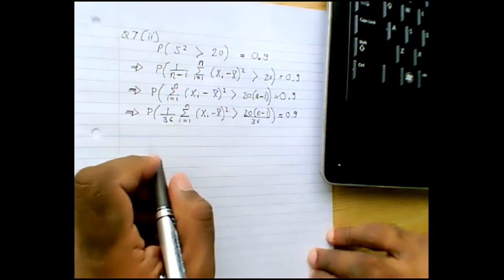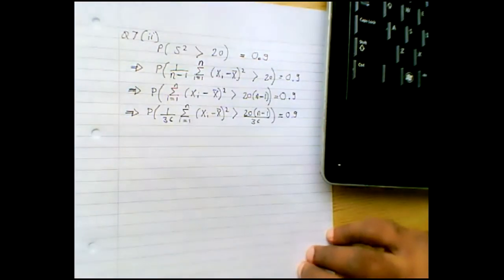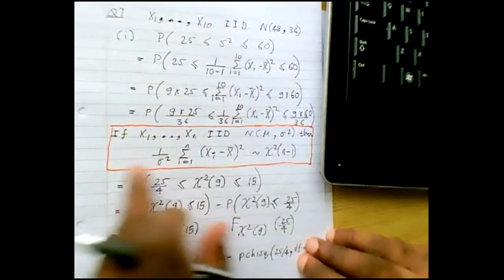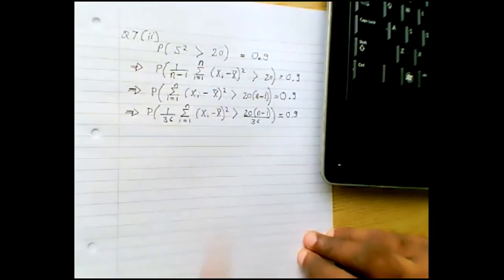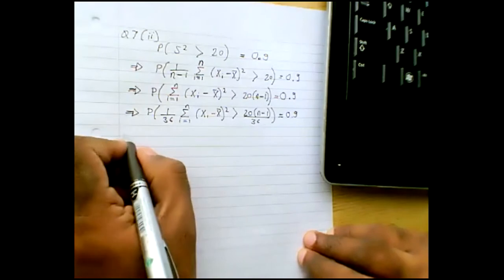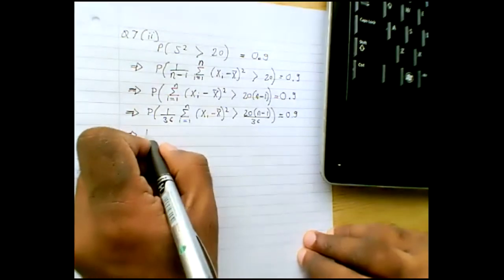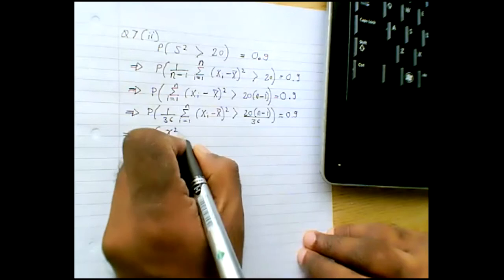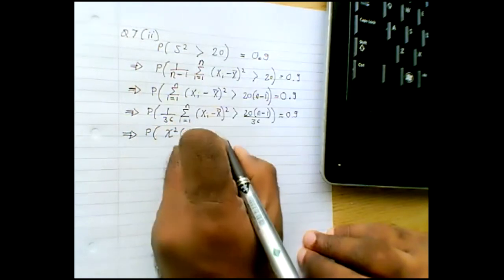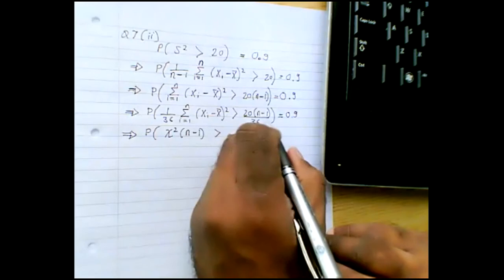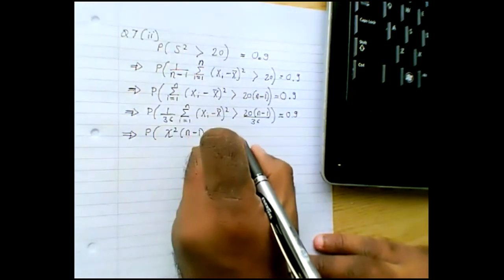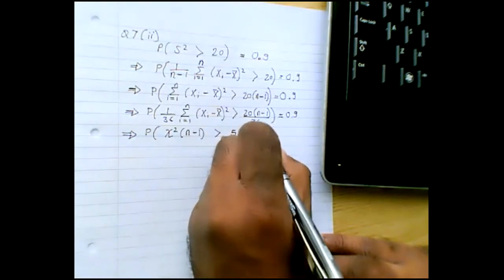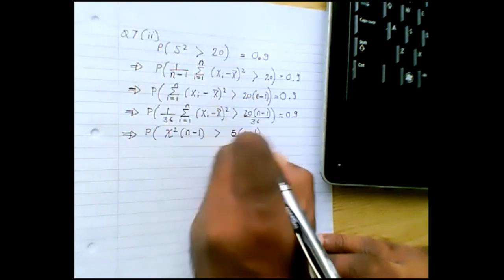All right, now, because of what I mentioned in the previous page, you may recall this result again. Because of this fact, this guy here on the left-hand side must have a chi-squared distribution with degrees of freedom equal to n minus 1. You follow me? And this guy here can be simplified: if you divide by 4, you get 5 times n minus 1 divided by 9.